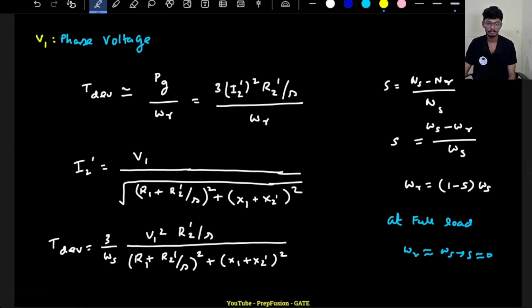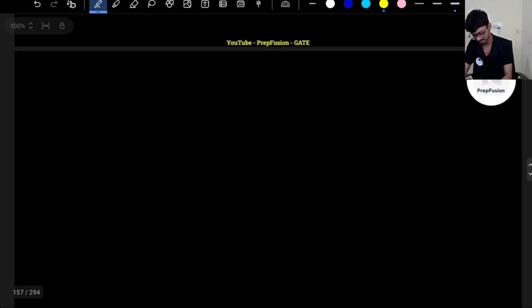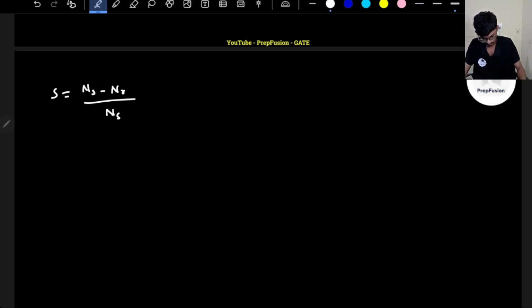So basically we will try to approximate it, we will try to divide it into two regions. One will be the low slip region and one will be the high slip region. Why? I will explain just in a second. So this is my slip formula. Slip is ns minus nr divided by ns, which is also equal to omega s minus omega r divided by omega s.